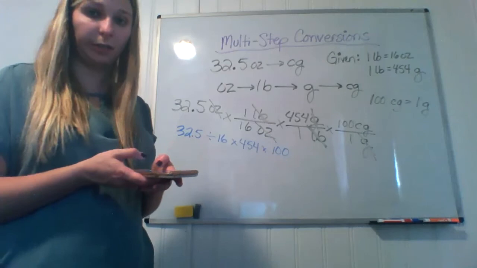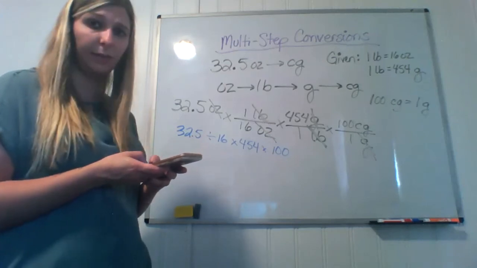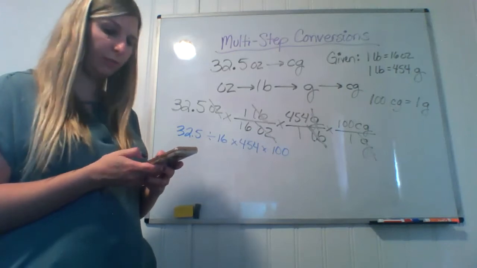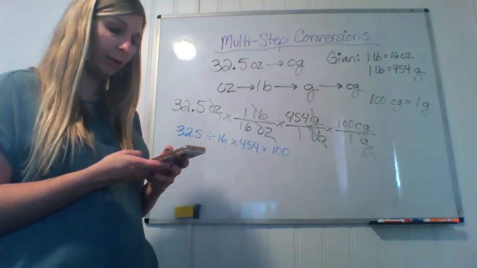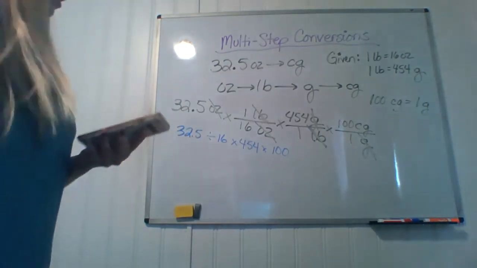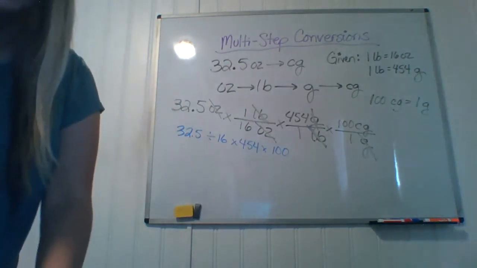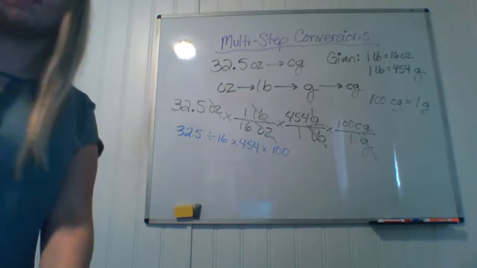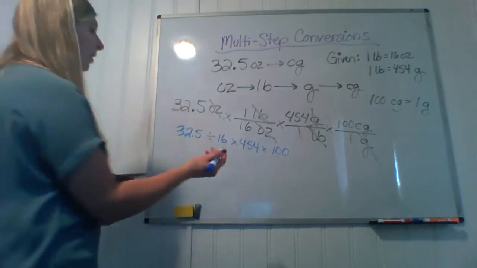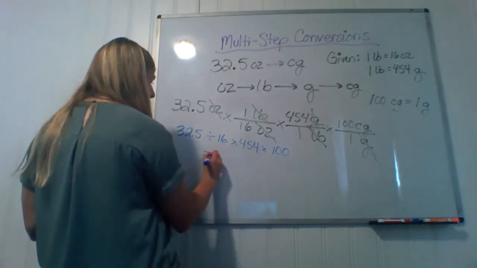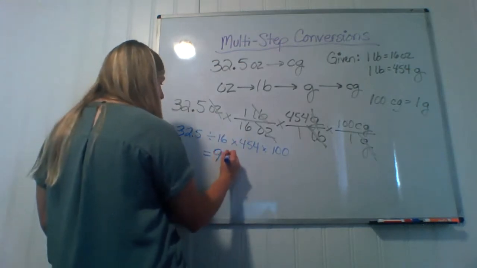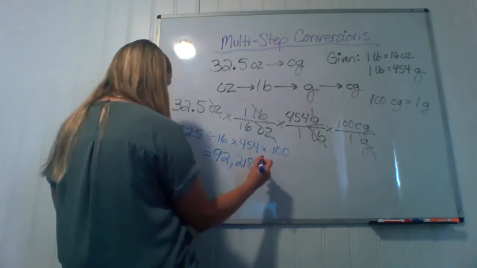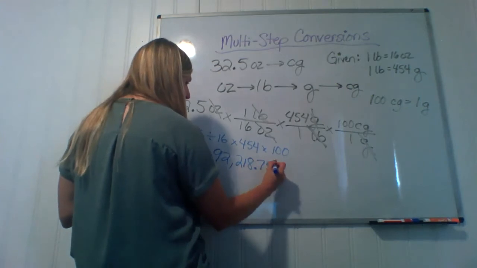Okay, so in our calculator, we are going to calculate 32.5 divided by 16 times 454 times 100. And in our calculator, what they give us is a lot of numbers. And now remember, we're going to apply the significant figure rules. Okay, so in the calculator, what it gives you for this is 92,218.75.